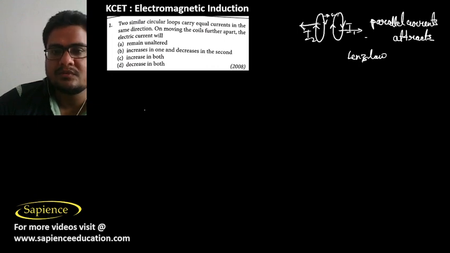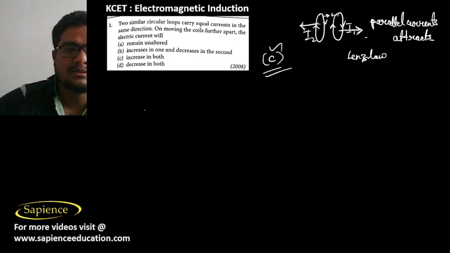Since their separation will increase, they will attract more. So in order to attract more, the current in both the coils has to increase. So in both the coils, current will increase. So option C is the correct answer.